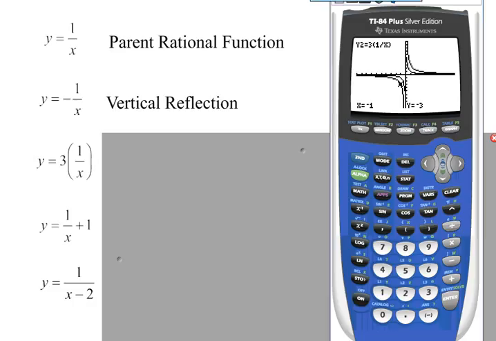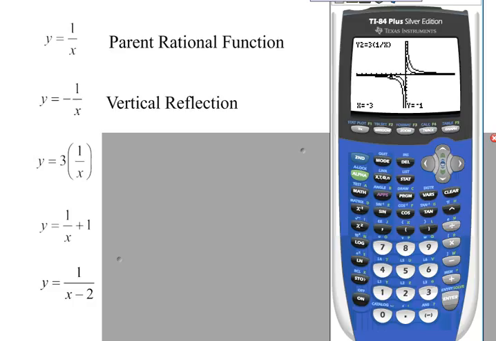Now, interesting, this number 3 out in front is not just a vertical dilation, because let's do this. Remember on the parent function that (1, 1) is a key point. Well, let's type in 3 for x and see what happens, with a y value of 1. Let's type in negative 3 for x, again with that y value of negative 1.